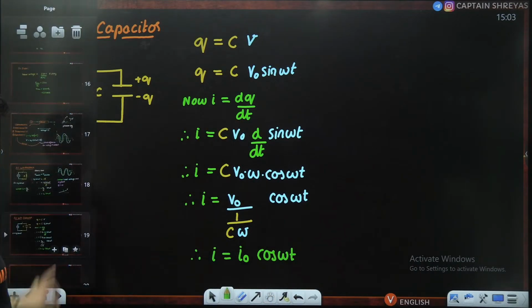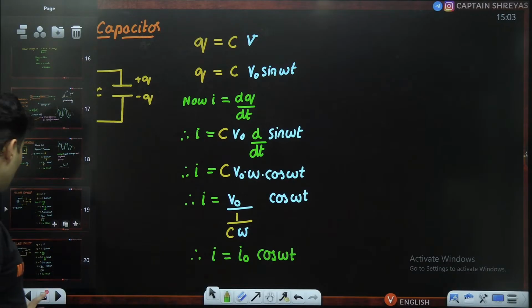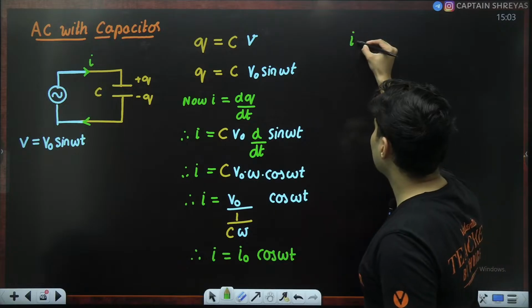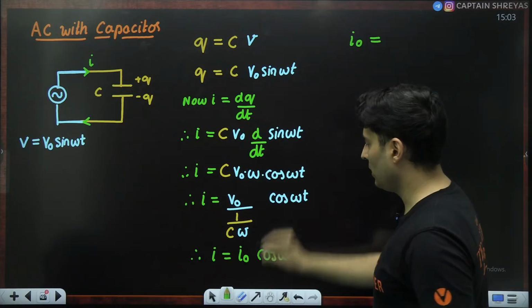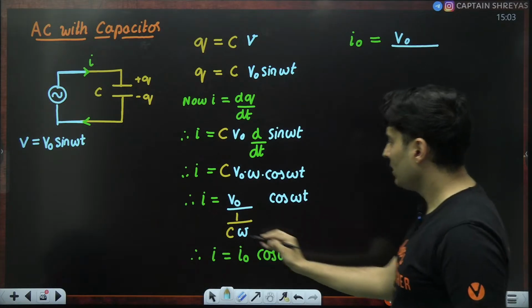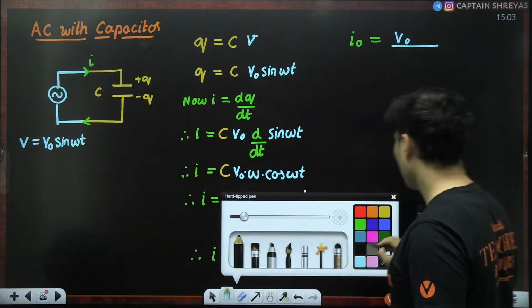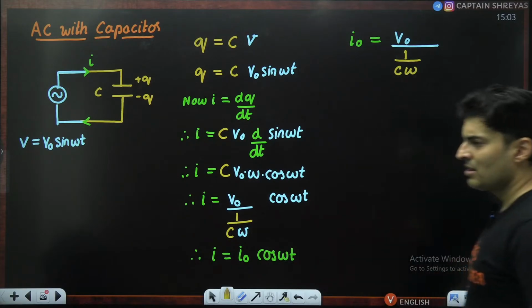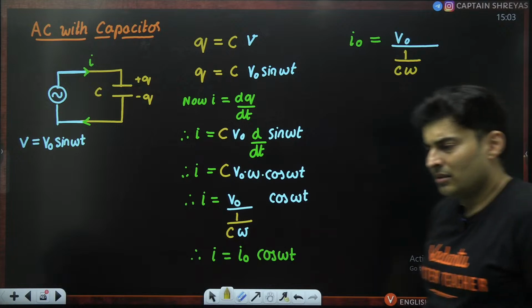Now, the moment you get this, you will start comparing and see what this I naught is. This I naught is nothing but V naught divided by this, which is 1 by C omega. It is not looking like a resistance.